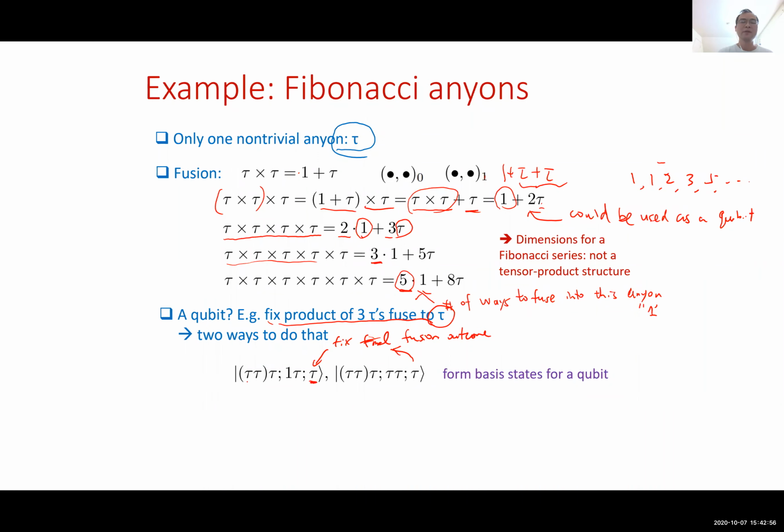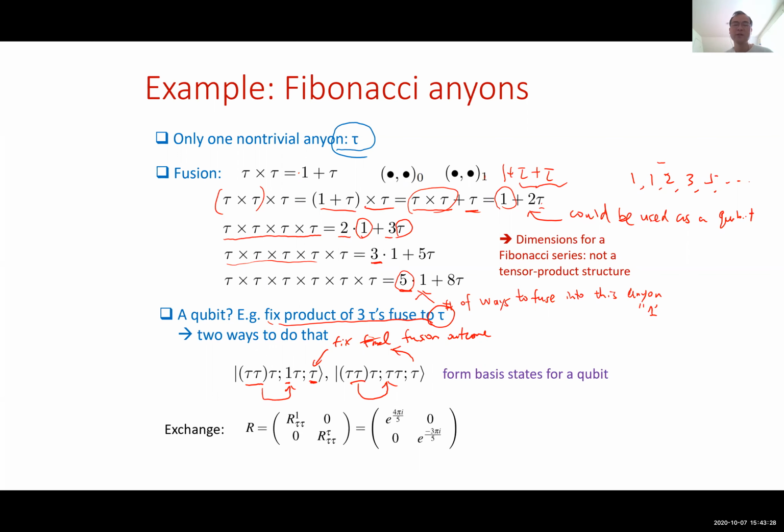And if I fuse the first 2, it can be fused to 1. It can also be fused to tau, right? And then I consider that it's 1 and tau fused to tau, and I consider the second fusion tau and tau fused to tau. I fix the final product, okay? But there are 2 intermediate possibilities that I can use to encode a qubit, okay?